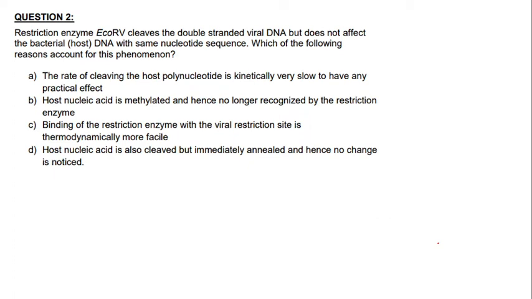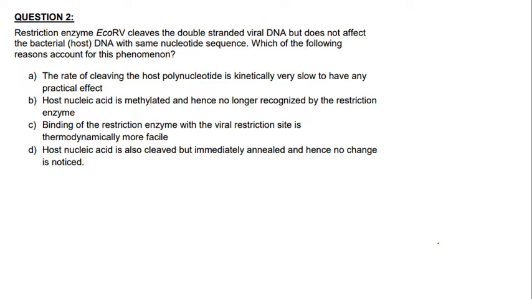The next question says the restriction enzyme EcoRV cleaves the double strand viral DNA but does not affect the bacterial host DNA with the same nucleotide sequence. Which of the following reasons account for this phenomenon? Option A, the rate of cleaving the host polynucleotide is kinetically very slow to have any practical effect.